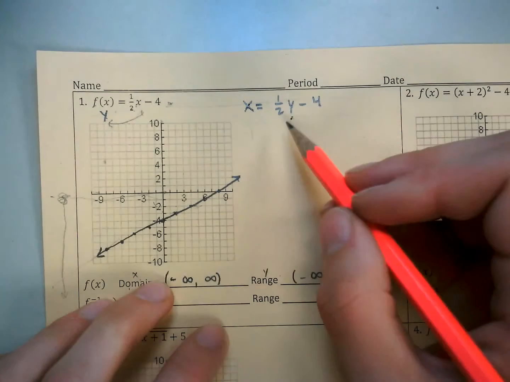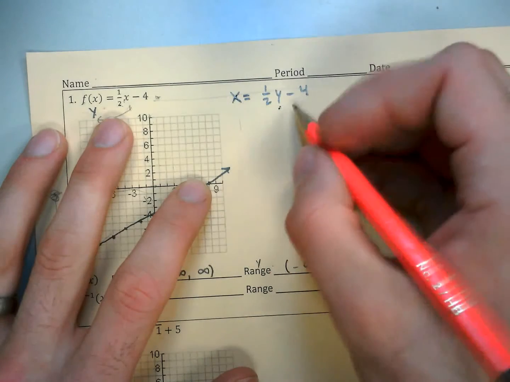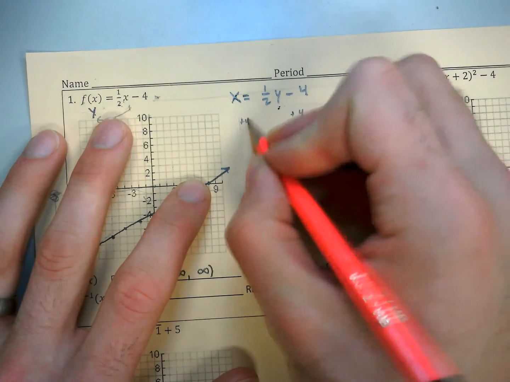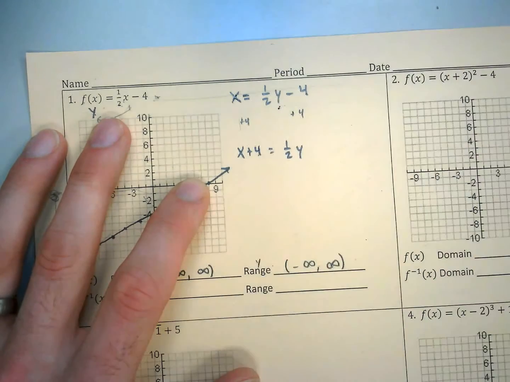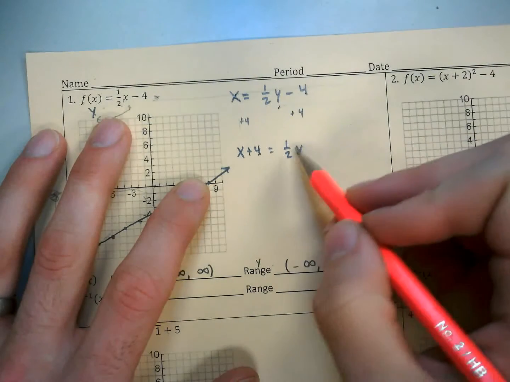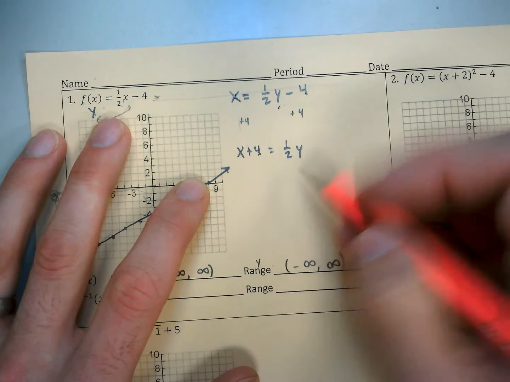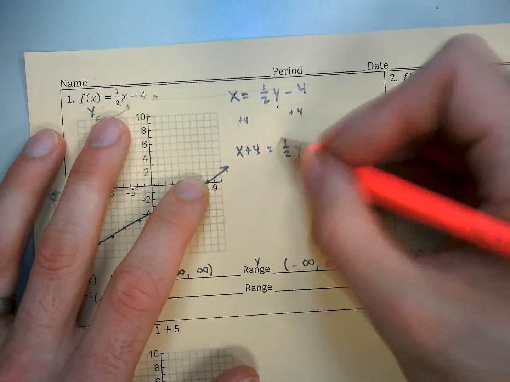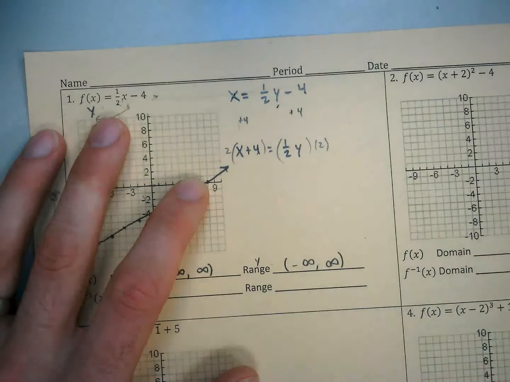Now, solve for y. We want to get y by itself. So the first thing you do, add 4. x plus 4 equals 1/2 y. How do you undo a 1/2? Well, this is just times a half, so you could divide by a half, but what's easier to get a half to become 1 is if you just multiply by 2. Right?